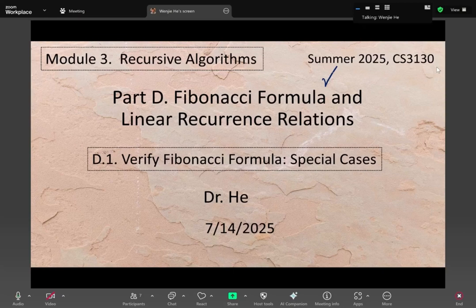D.1, verify the Fibonacci formula. When we do verification, remember last time, I recall something related to this topic before: our binary bit problem.